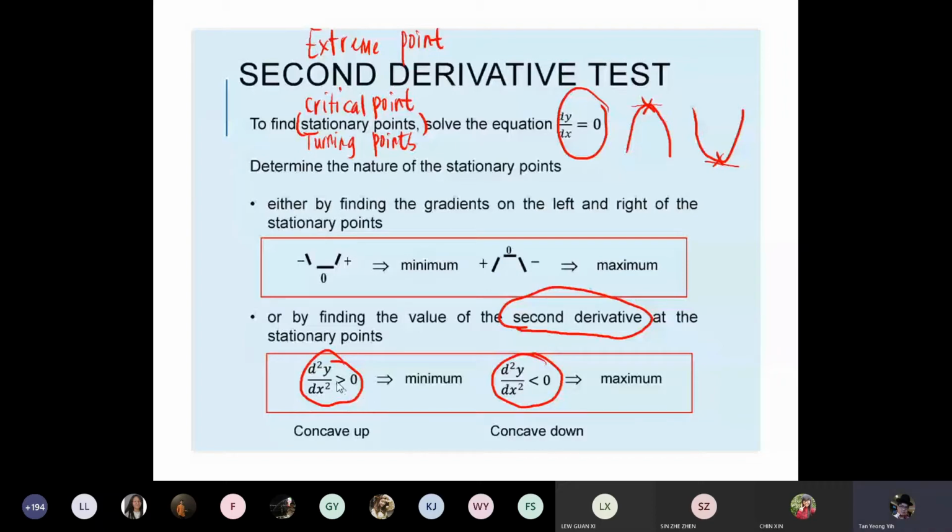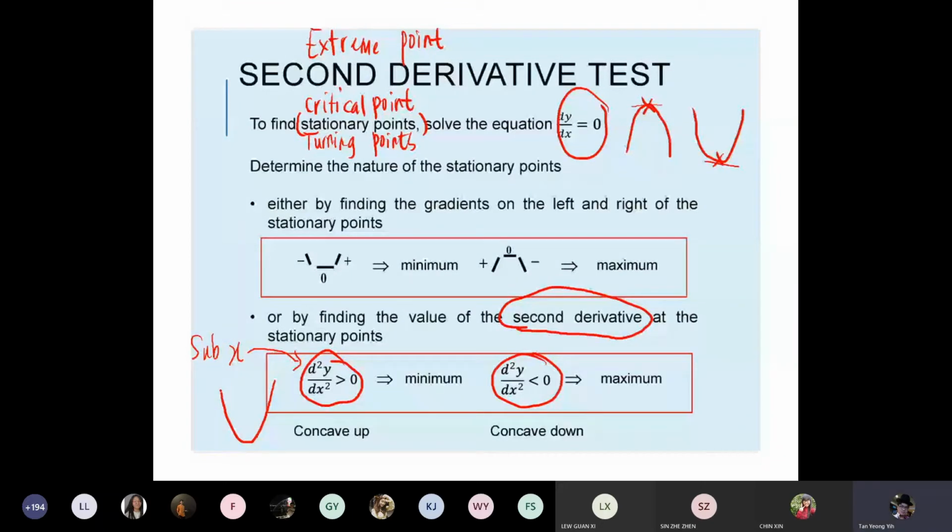Now this is what we do. When we differentiate the second time and we substitute the value of x into the second differentiation, if the answer we get is positive, it shows that the point is a minimum point and the curve is like this.